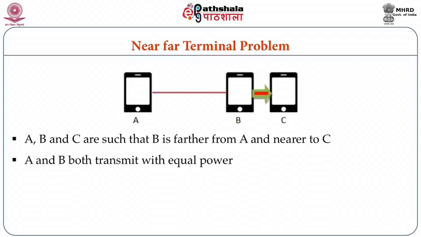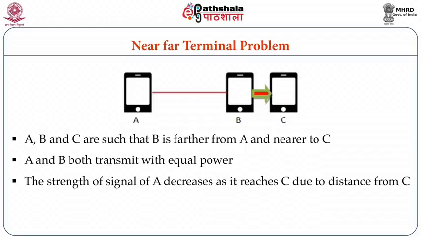Now if A and B both transmit with the same power, what will happen is that B is close to C, so there will be no effect on the quality of that signal. But since A is far from C, when the signal from A, after traveling the distance, reaches C, the quality of the signal will be degraded.